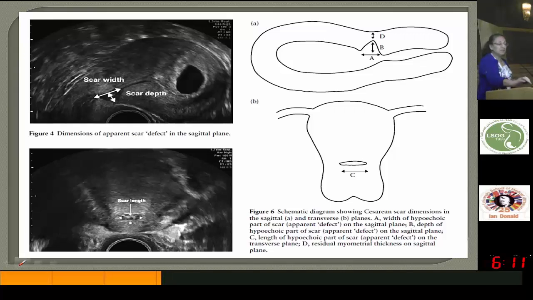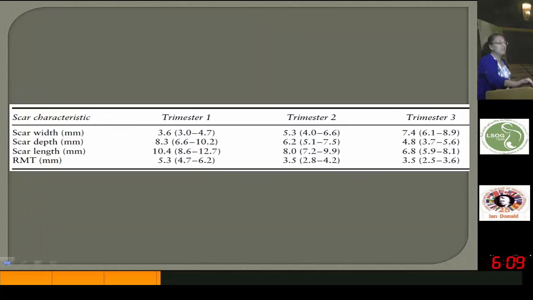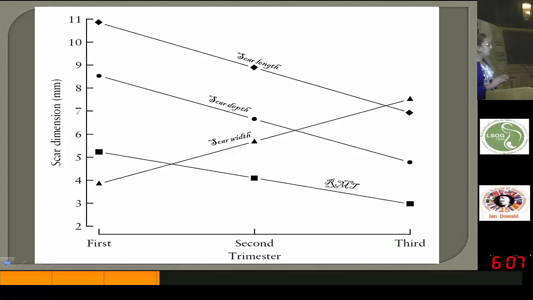Let me show you this. During pregnancy, we have variation in the width, length, residual myometrium, and the scar depth. Usually, this is the median progression from the first, second, and third trimester of these factors.